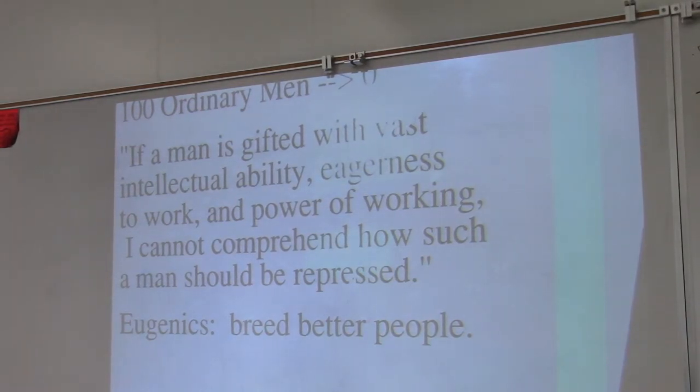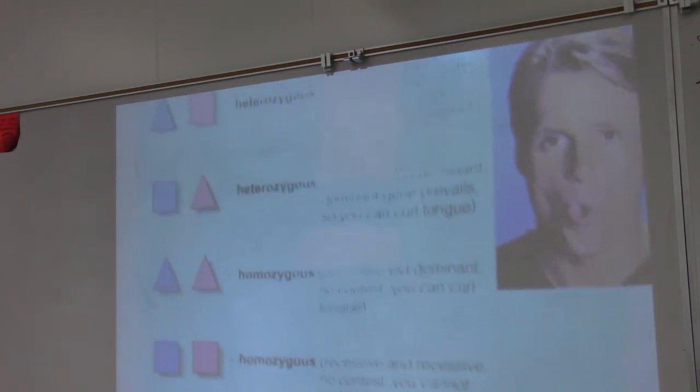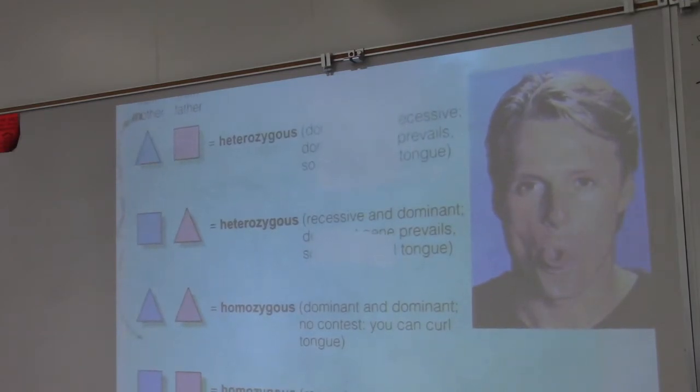Now here's an idea that they didn't know about. Unbeknownst to them, there was a monk working in Brunn, now called Brno, in what's now the Czech Republic. It was part of the Austro-Hungarian Empire, and I want to go over this with you a little bit.